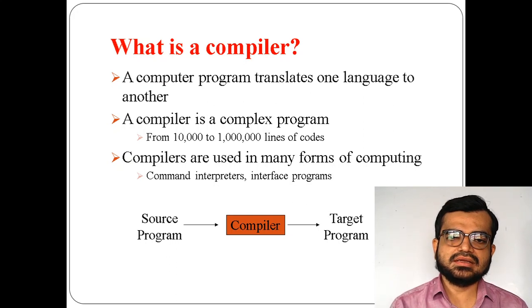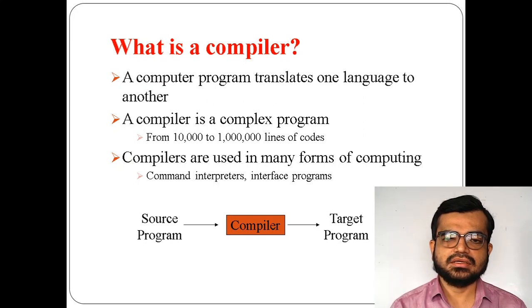This compiler is a software, a computer program. It is a software which translates one language into another form of language. That form of language into which it converts will be understandable for the machine.